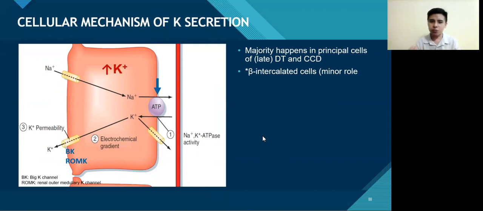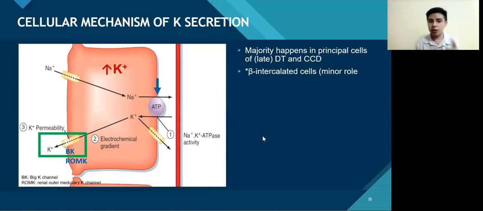There's so much potassium because of the sodium potassium ATPase pump. This will drive or increase the permeability of potassium. Because of the increased potassium level inside the cell, you establish the electrochemical gradient, and potassium goes out through this potassium channel.